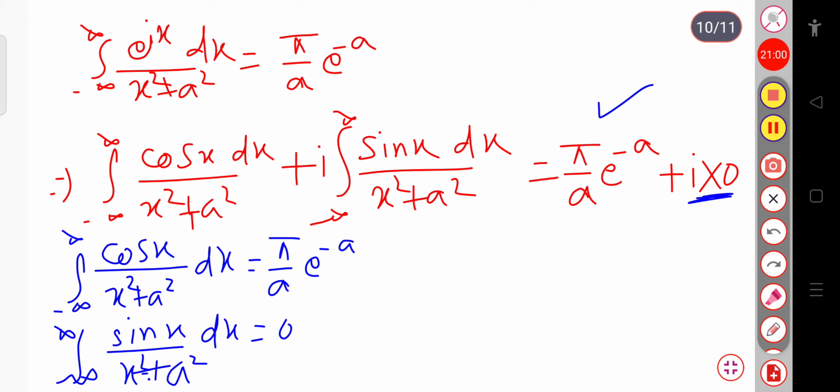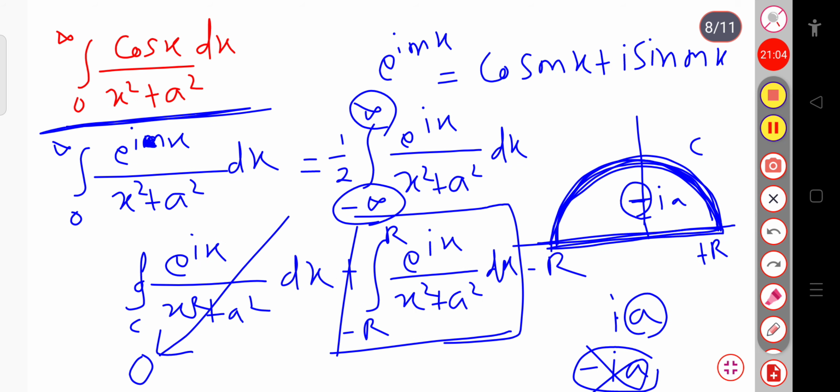But this is our question, you have to calculate the integration from 0 to infinity cosine x divided by x square plus a square dx.